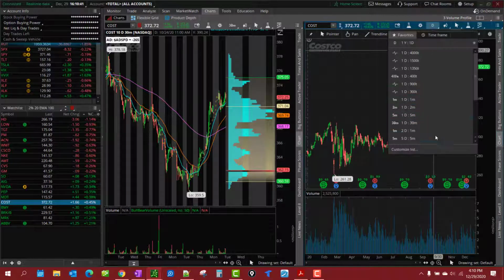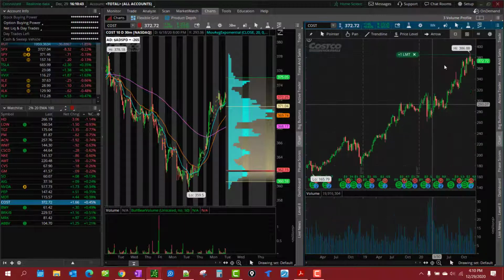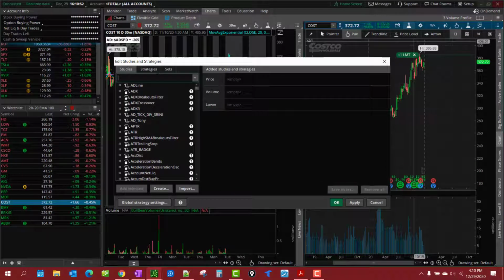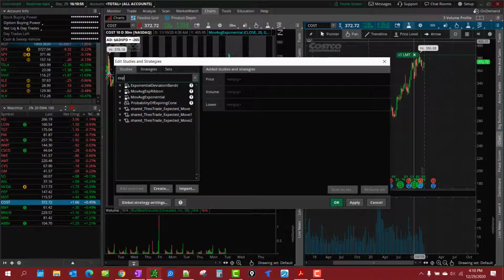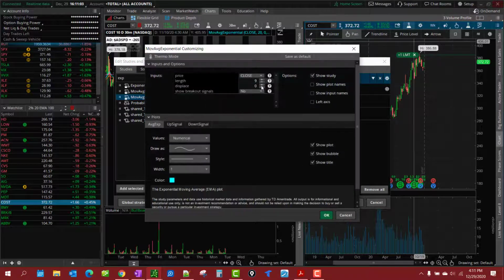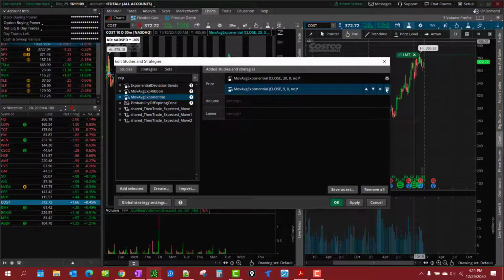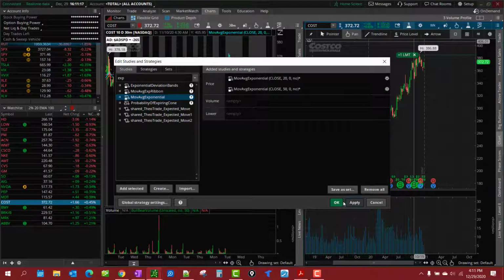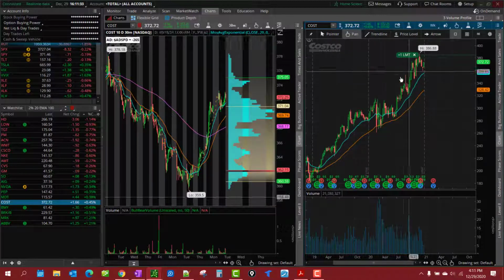I'm also looking at the weekly chart. And you'll see here, if I put my moving averages on there, I got my 20 and 50 on here.